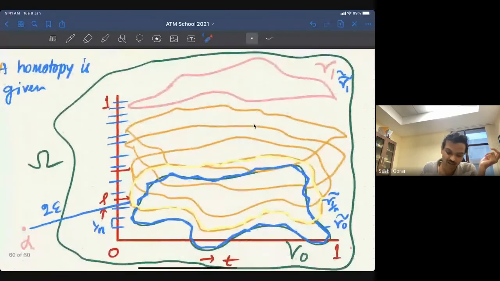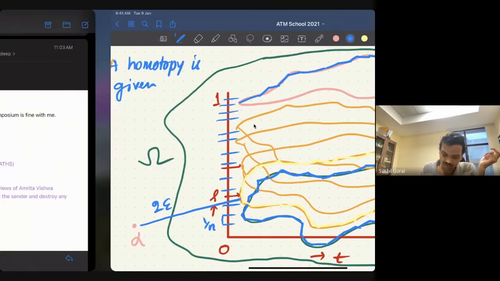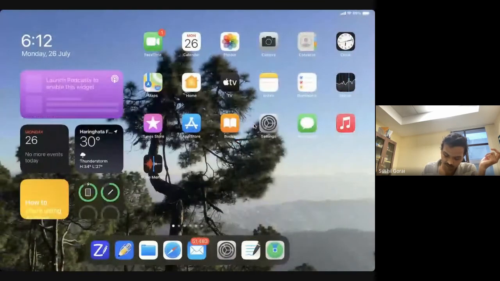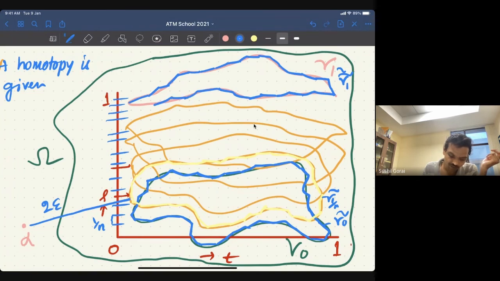Gamma 1 tilde is an approximation with a polygonal path of gamma 1. Hence the winding number of gamma 1 tilde will be the same as the winding number of gamma 1.